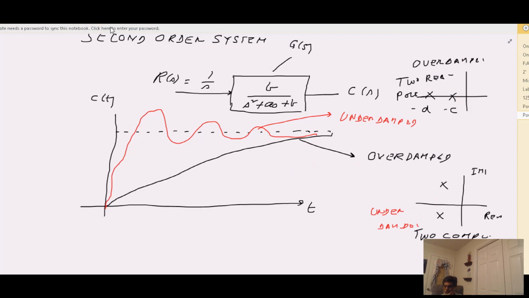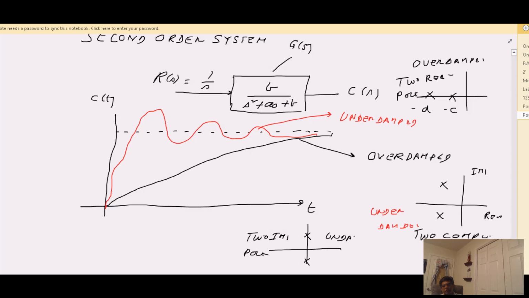Now, suppose we have a scenario in which we have two imaginary poles, how is that going to look? Well, let me put this in proper format. So here we have two poles on the imaginary axis. That means the system is undamped.